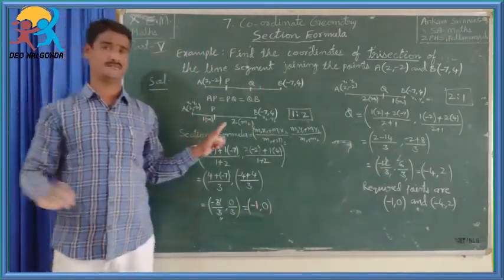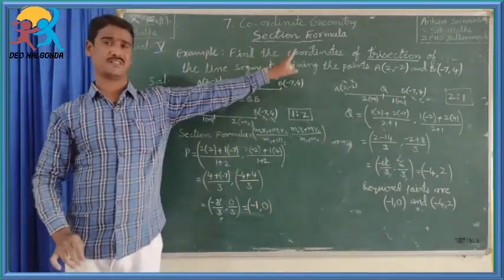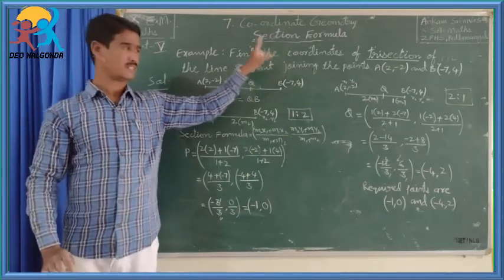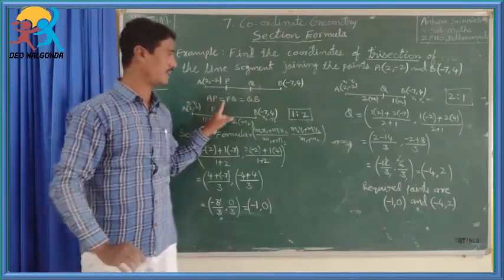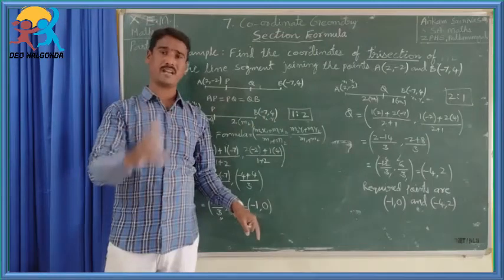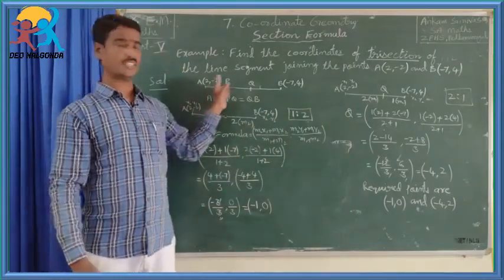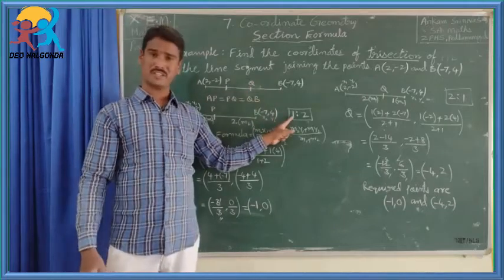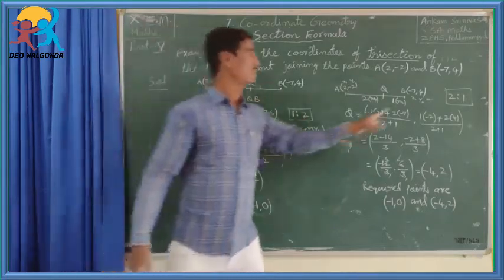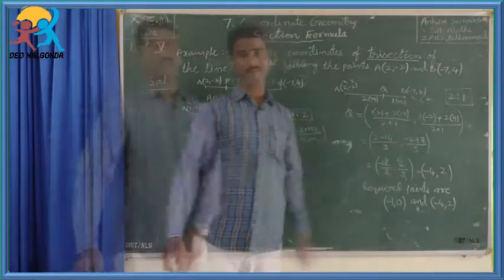Very easy. When you get the trisection, to find the trisection points, simply you have to find the coordinates of 2 points which divide the given line segment in the ratio of 1:2 and also 2:1.